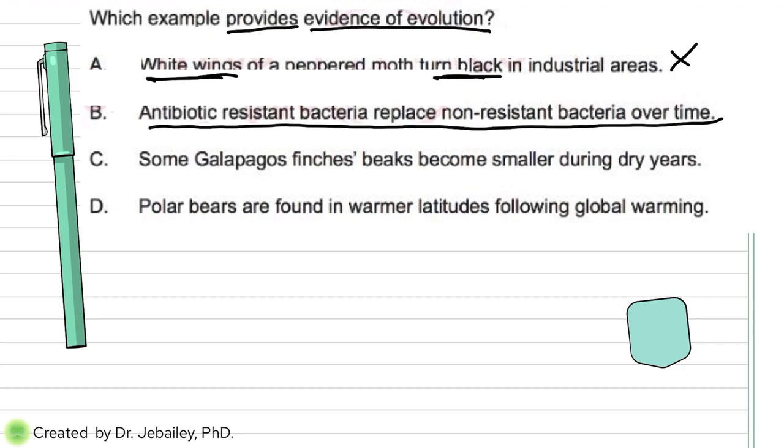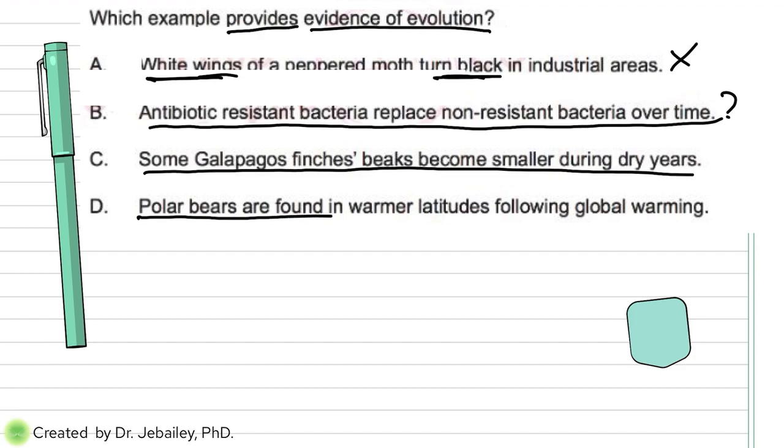That is more possible. Why? Because you're switching from one to the other. Some Galapagos finches' beaks become smaller during dry years. It's just saying that they became small. It's like my lips becoming smaller, but did I really change as a bird? No. And then polar bears are found in warmer latitudes following global warming. They're just changing their location, which does not mean there's evolution here.